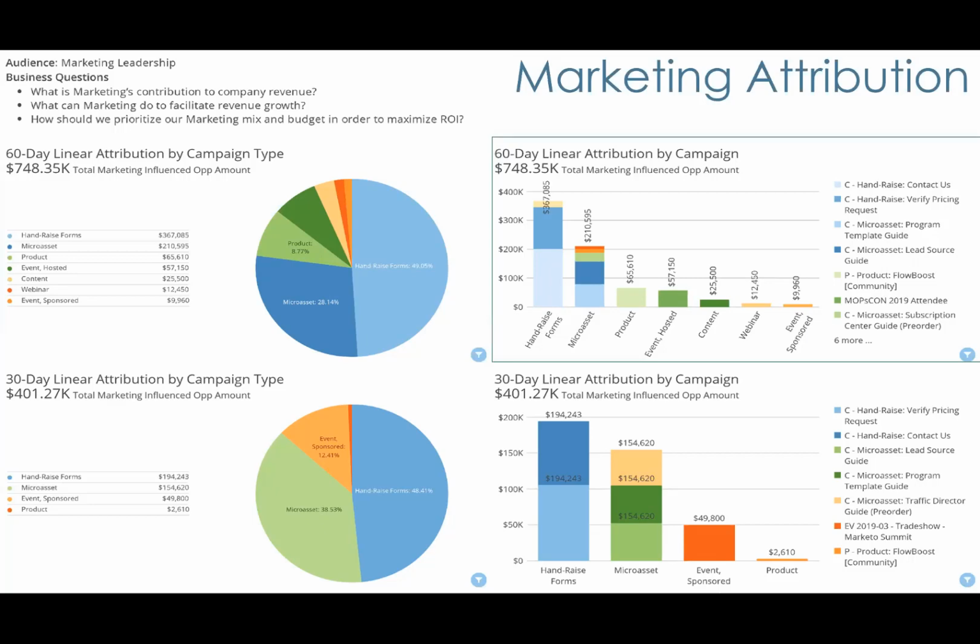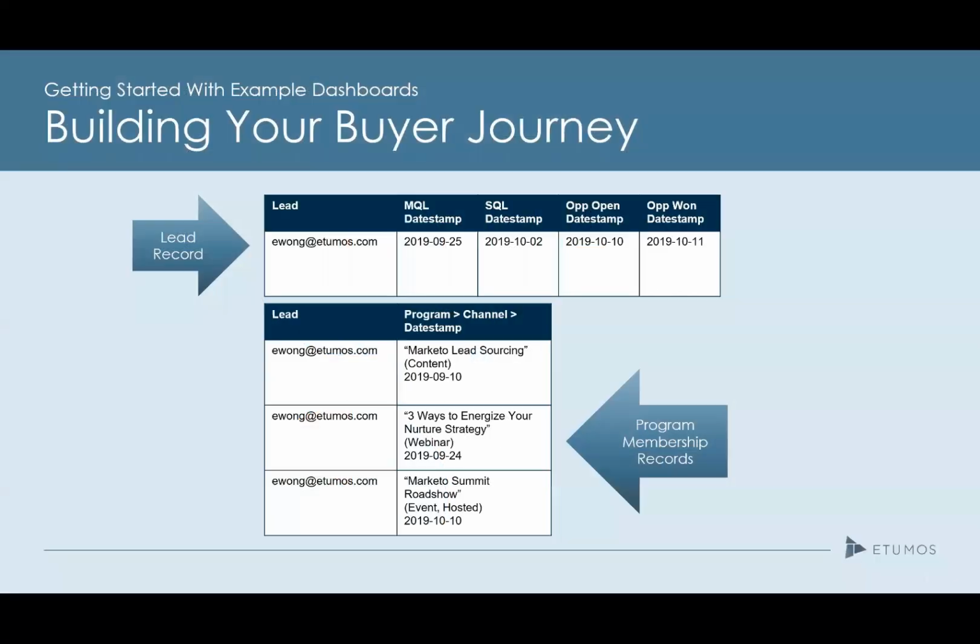So how do we go about and enable this? And we'll talk about tooling, we'll talk about resourcing at a later point, but I'd already mentioned this earlier in the data silo slide, that essentially in your marketing automation, you've got your delineation between your lead records, and then you've got your program membership records.